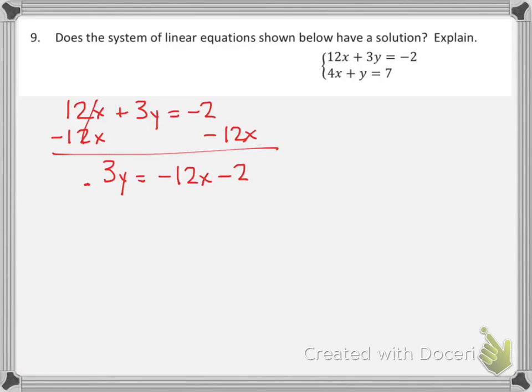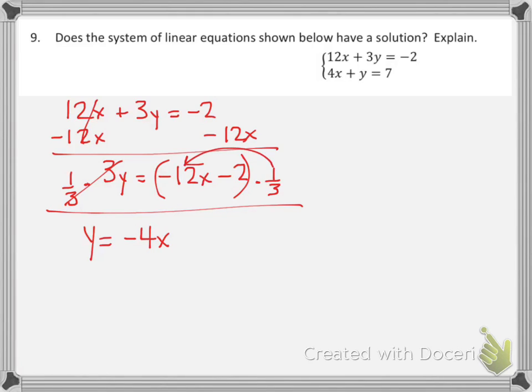And then we'll multiply by the reciprocal. And when we do that, we get y equals, and then we're multiplying here, negative 12 divided by 3 is a negative 4x. And then negative 2 times 1/3 is a negative 2/3. So there's the slope-intercept form of the first equation.